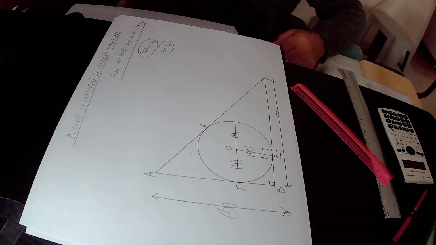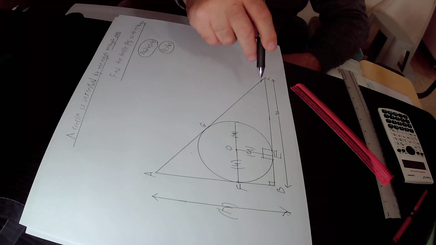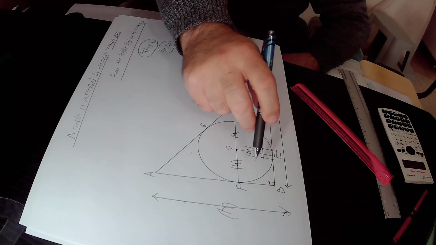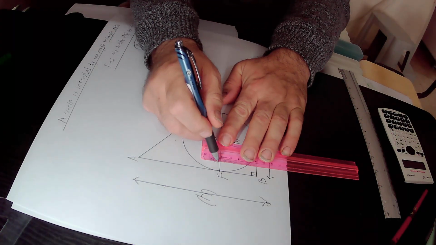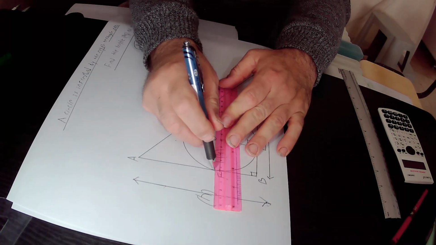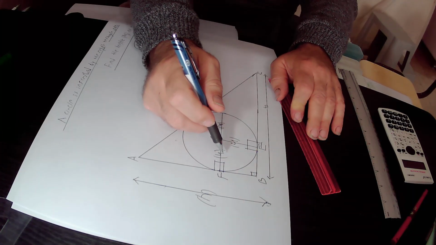The radius OF is drawn to point F, that is the point of tangency of tangent AB with this circle. And whenever you have a radius that is drawn to the point of tangency, then tangent AB will be perpendicular to the radius FO. If AB is perpendicular to FO, it means that this angle equals 90 degrees in its size. This angle also equals 90 degrees, according to the same rule, rule 1.